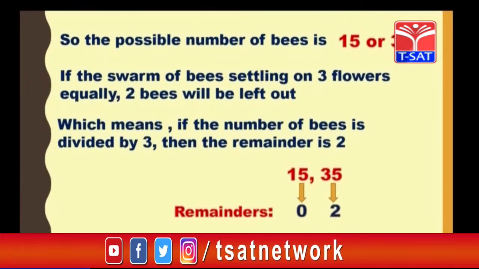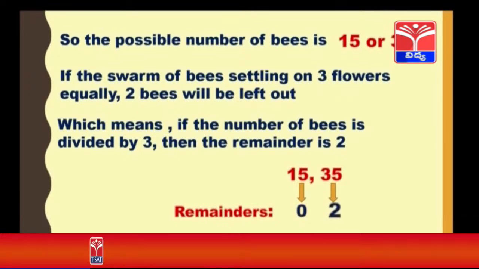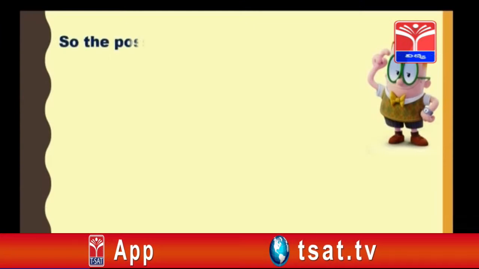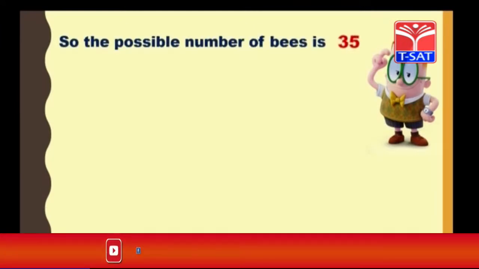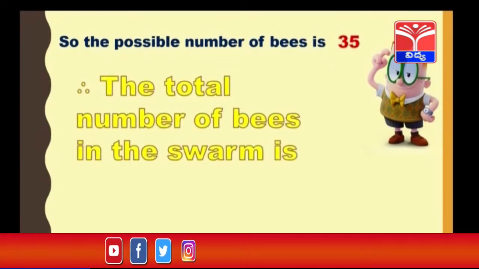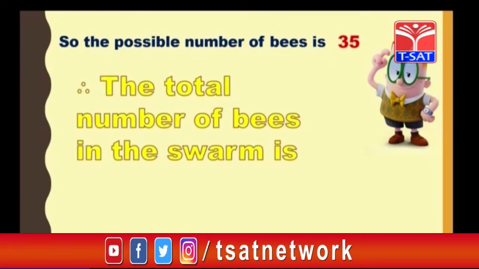So the remainder 2 comes for 35. Therefore, the total number of bees in the swarm is 35.